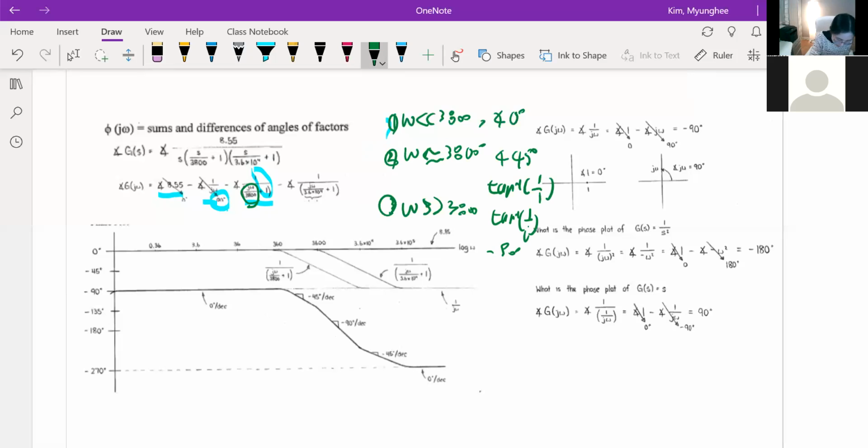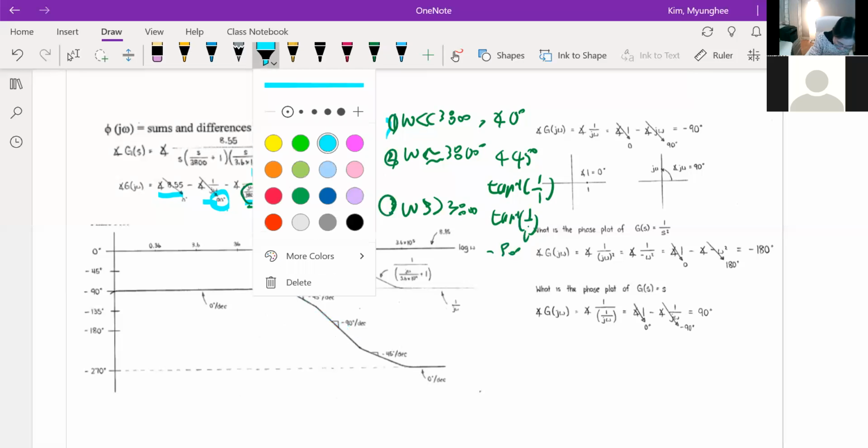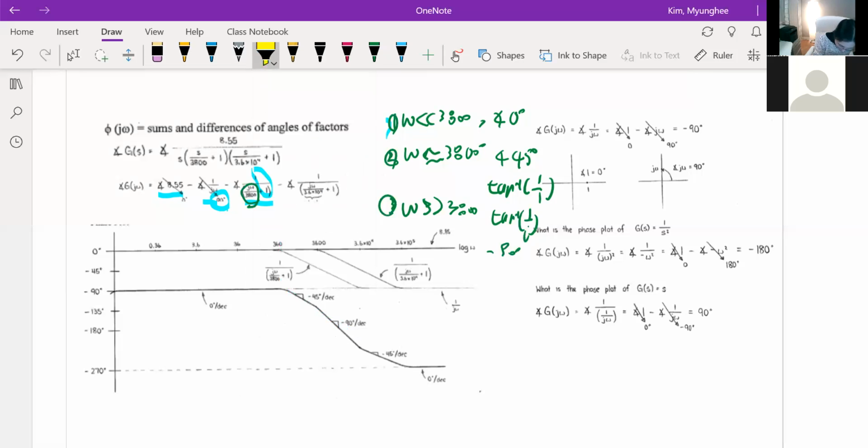So this is being shown here. When the frequency is very small, about 360, the angle for this part is also 0. And then it is 0 until it reaches about, actually it's over here. It was a mistake. So it was 0 until 360, so 10 times lower, and then it is 0 until it's 10 times higher.